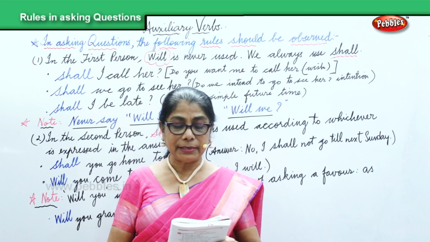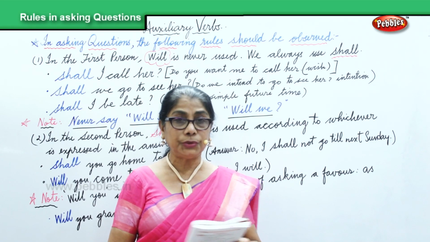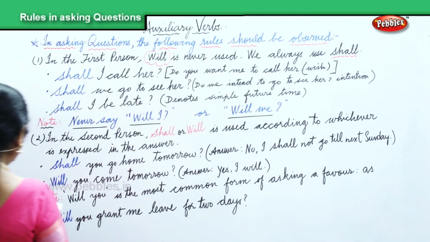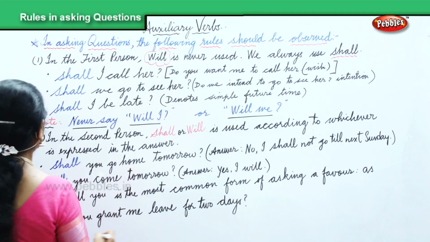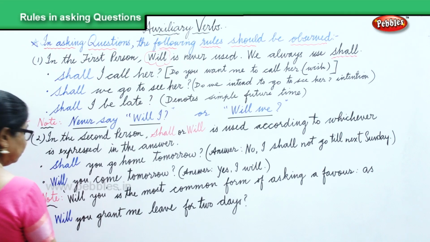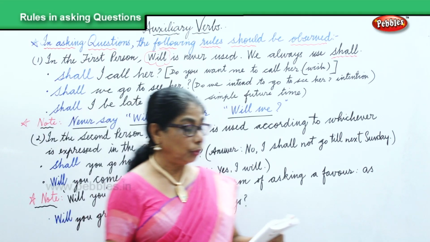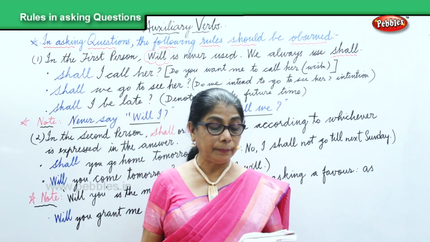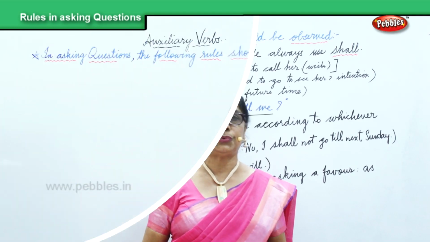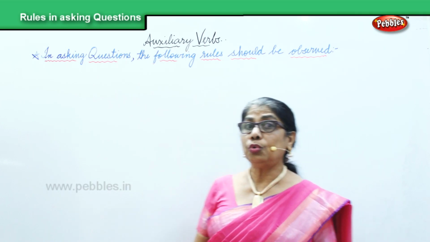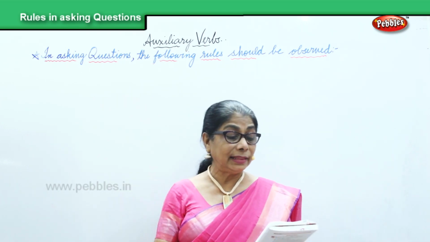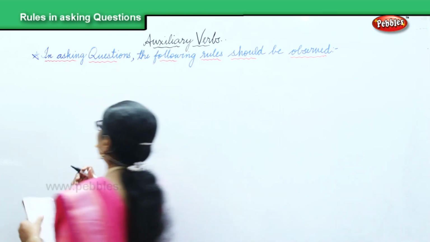And in the third person, will is always used. Then, in the third person, we have one more to go. The third person, how the will is used. Now we will look at asking questions. What rules will we follow in the third person? That's what we are looking at.